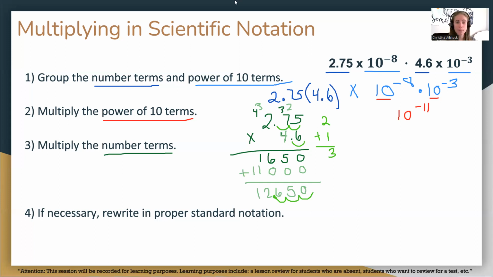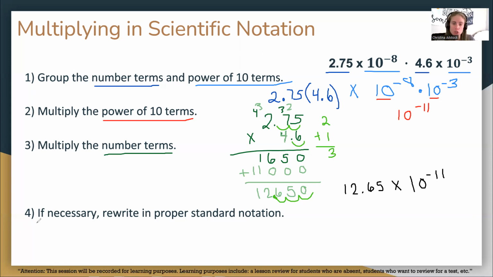Now let's go ahead and put all of this back together. So that means we have 12 and 65/100ths, because now I can drop that 0, times 10 to the negative 11th. And step 4 says, if necessary, rewrite in proper scientific notation.